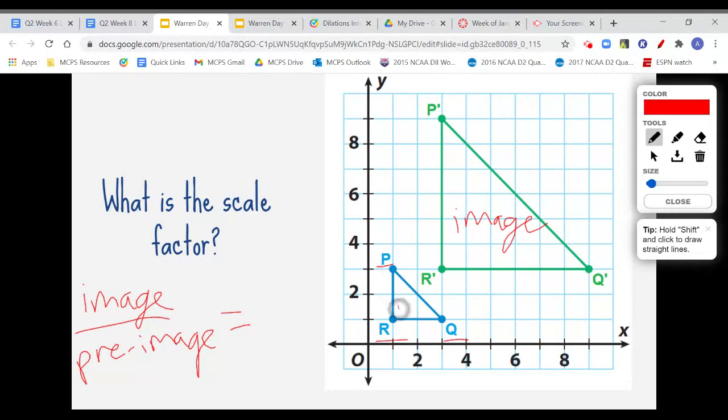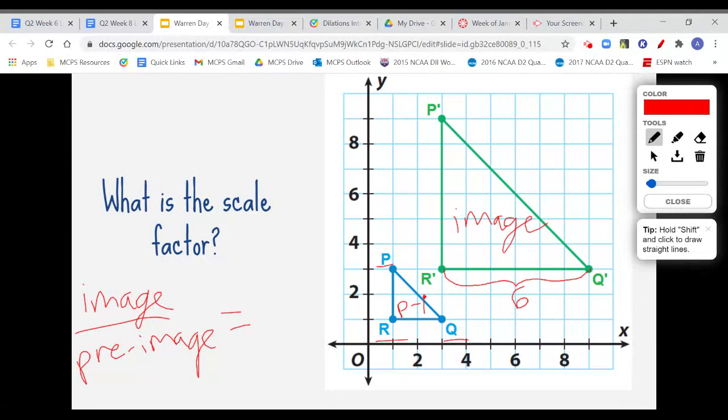So this right here, this is the pre-image. I'm going to just abbreviate that to PI because there's not space to write pre-image. Anyways, so I'm looking for the length of a side on the image. I think I'm going to pick this side right here, this lower side, RQ prime. Okay, and I can see that that is 1, 2, 3, 4, 5, 6 units long.